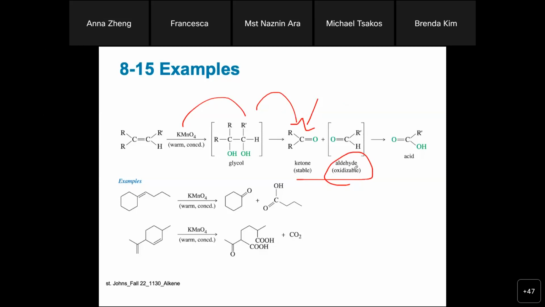So the keto and also the aldehyde product can be formed, but aldehyde products are not stable like ketones, so they can be oxidized to acid. So this is the final product.